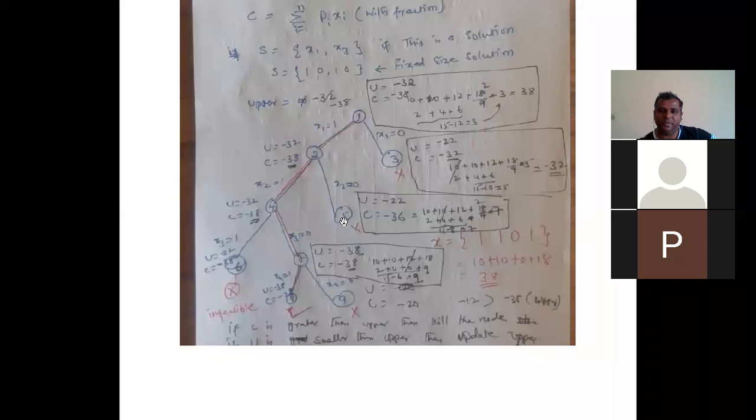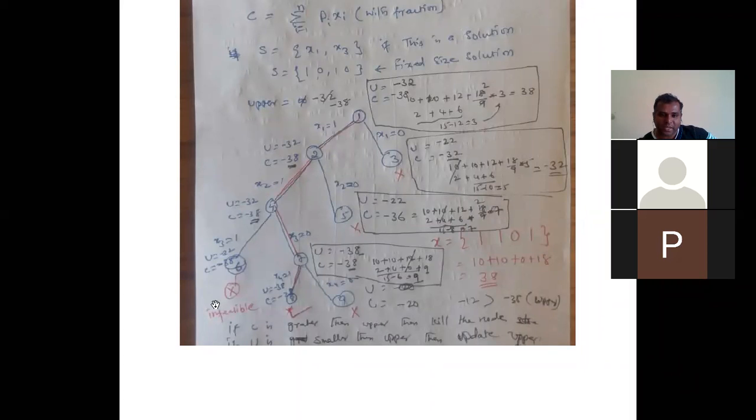Kill this node. Similarly, for minus 22, C value minus 32. Minus 32 is greater than minus 38. So in this track also we won't get a solution. Kill this node. The condition is, if the C value of node 7 is greater than the C value of a previously generated unexplored node, then kill those nodes. But here the C value of node 6 is not greater, it is equal. Don't kill this node.